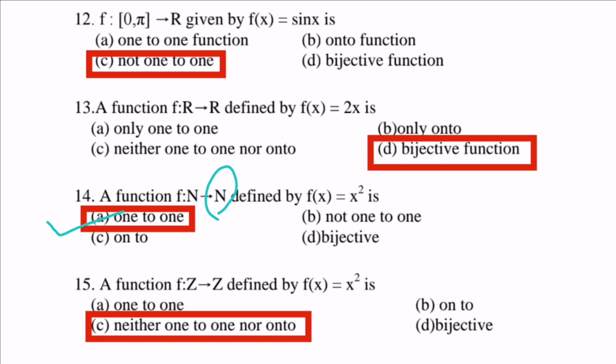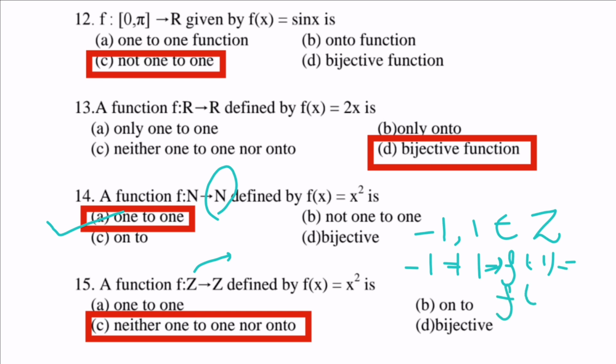MCQs 15. A function f is defined from Z to Z, where Z is the set of integers, defined by f of x equal to x square. What is it? This function is not 1-1 because minus 1 and 1 belong to the set of integers and minus 1 is not equal to 1, but f of minus 1 is equal to f of 1.